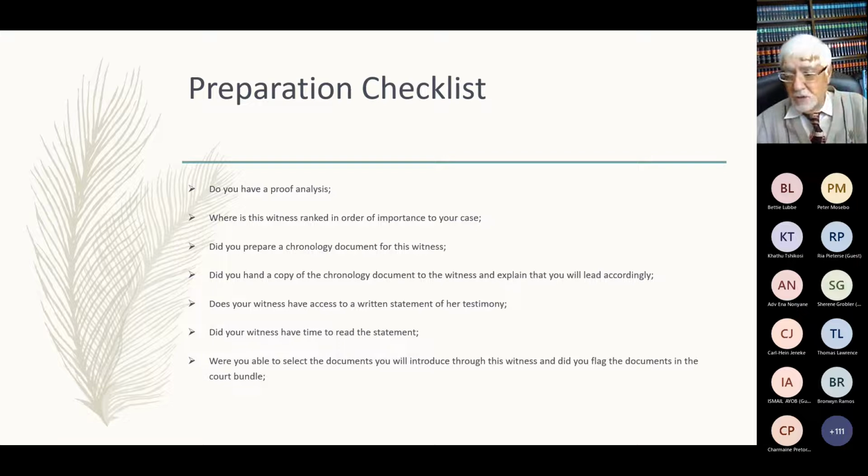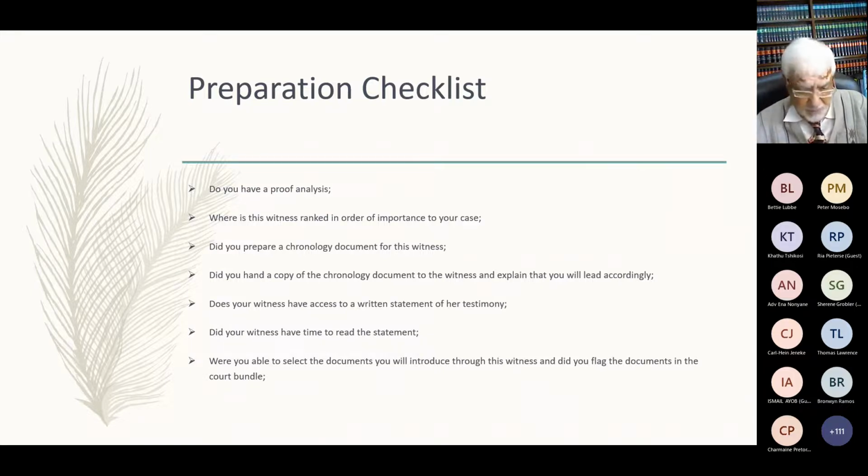And never let the judge or your opponent force you into starting just because there's a witness available, but your best witness is not there yet. You ask for an adjournment, you go find your best witness and put that witness in the box first. Always rank the witnesses.